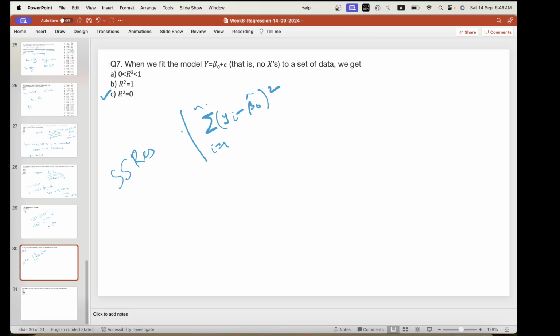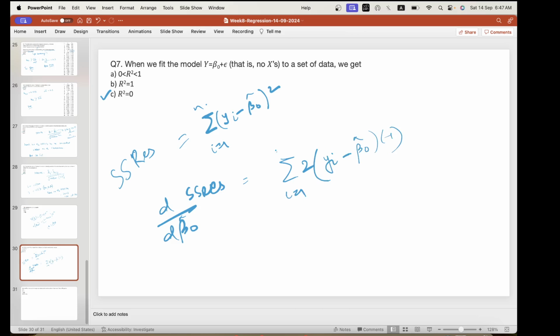This is the sum of squares due to residuals. Now if we differentiate the sum of squares due to residuals with respect to beta naught hat, we get summation 2 (yi minus beta naught hat) into minus 1, i equal to 1 to n, and equate it to 0.